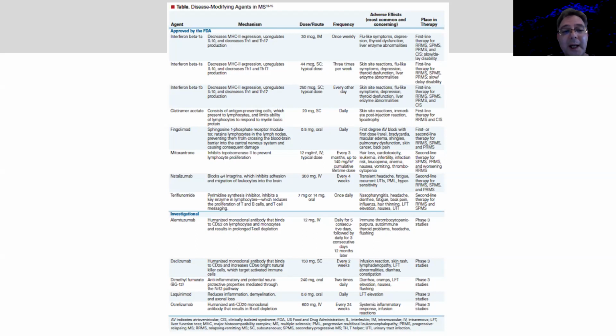We're also able to block the egress of the immune cells from the secondary lymphoid follicles, such as fingolimod, that is the modulator of the S1P, so sphingosine 1-phosphate receptor. And there are various other drugs, as I mentioned, natalizumab before.